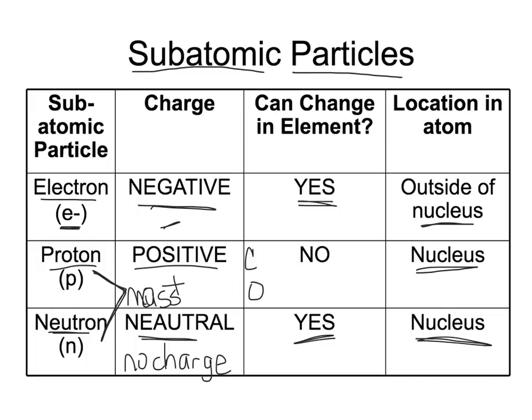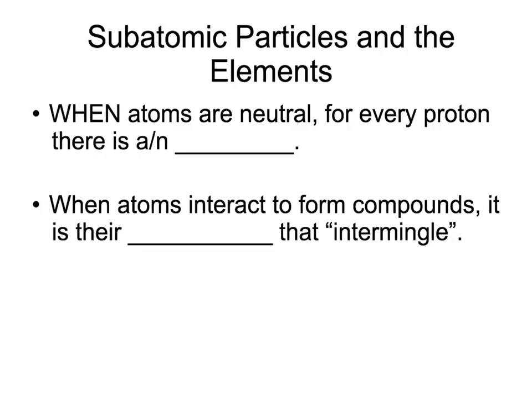You should know all of these subatomic particles, the charges, which ones can change, and the location within the atom. If we are talking about an atom that is neutral, for every proton, and protons are positive, remember, in order to balance out those positives, I must have an equal number of negatives, and the negative particle is the electron.